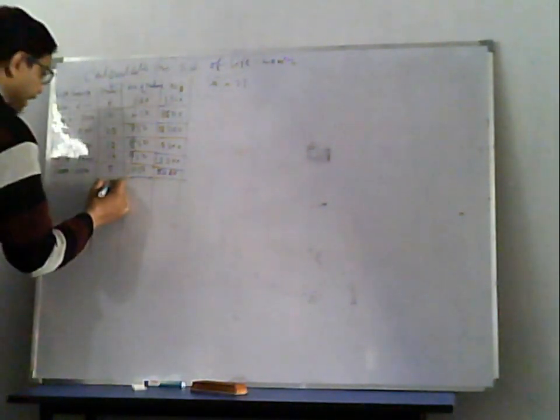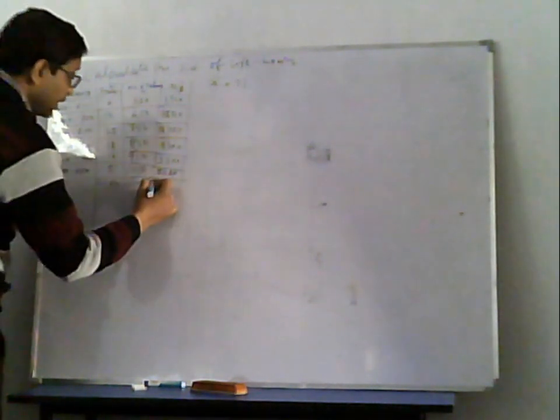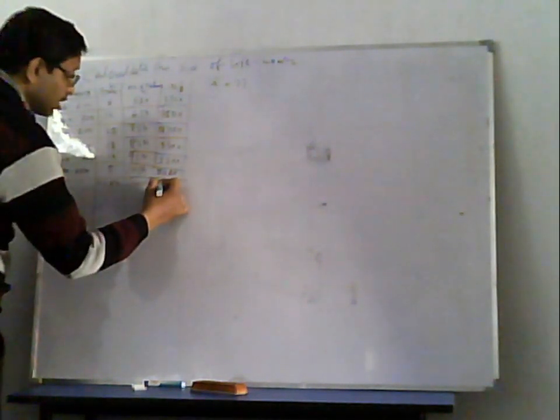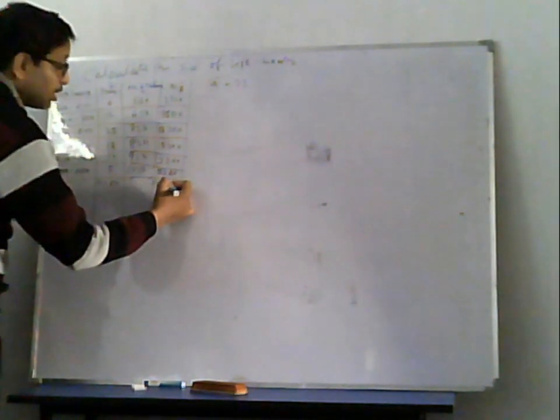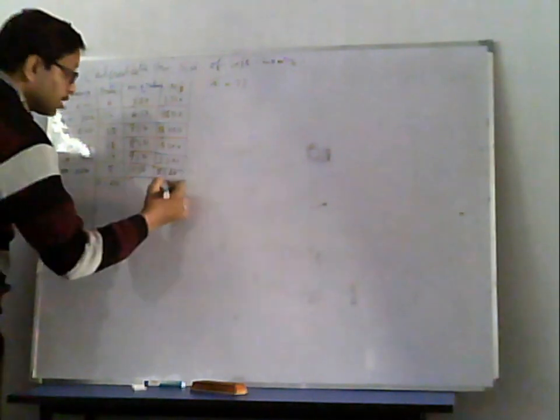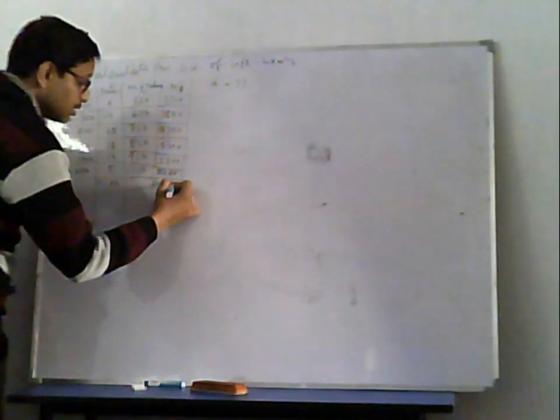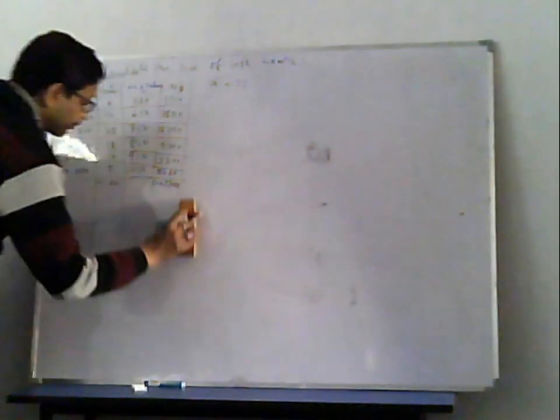So capital N equal to 80. Now the sum over xi fi is 63700. Now it is very easy to calculate our mean.